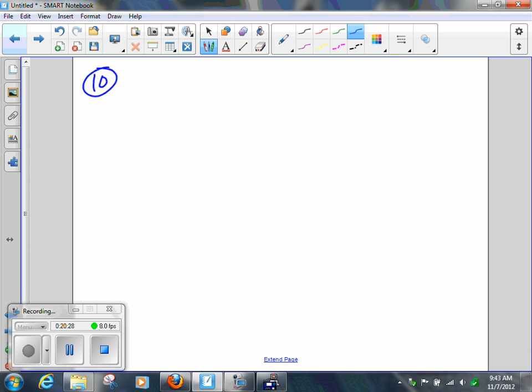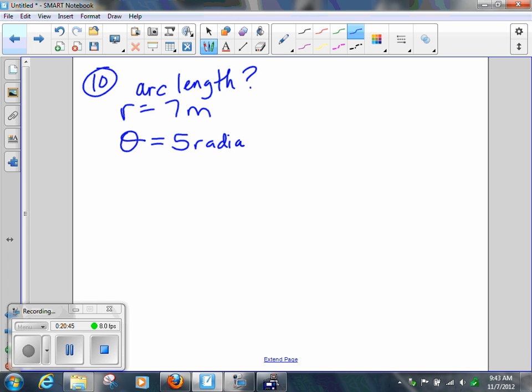Number 10, find the length of the arc. Radius is 7 meters. The arc subtends a central angle of 5 radians. How do I know that theta is 5 radians? Because it's the angle. Okay.